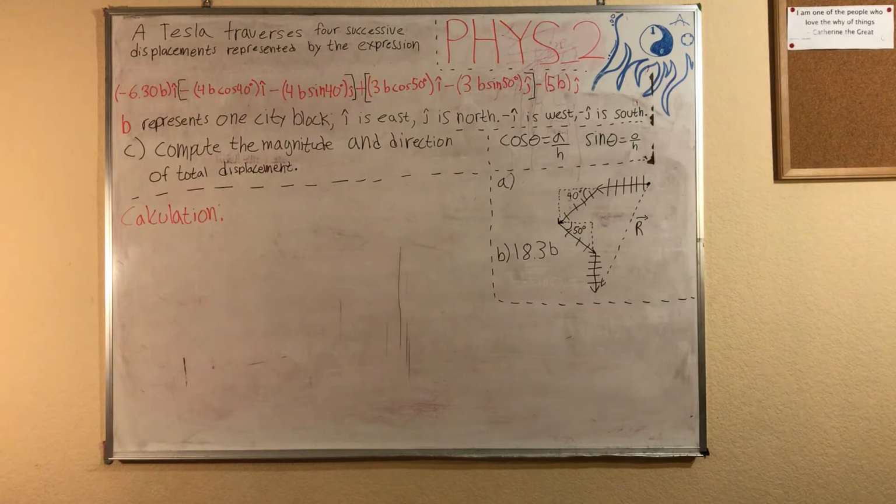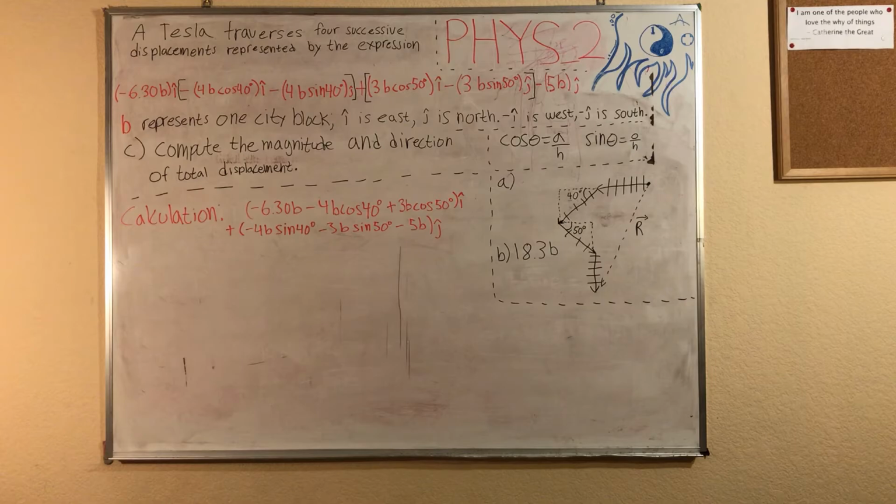It's time to calculate. To start, let's rewrite the expression, grouping the i hat terms and j hat terms together now. This gives negative 6.3 minus 4b times cosine of 40 degrees plus 3b cosine of 50 degrees i hat, plus all of negative 4b times sine of 40 degrees minus 3b times sine of 50 degrees minus 5b j hat.